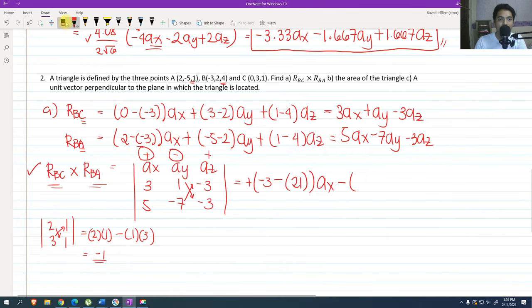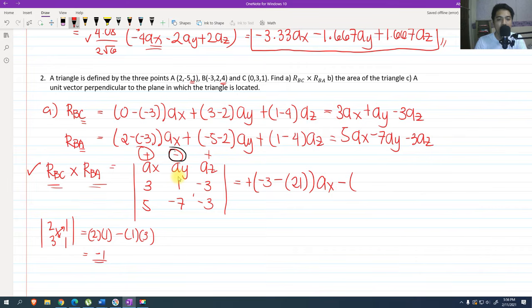Minus, okay, what we are going to do now is as if we are going to cover this A sub y here. So we're going to cover that and get the determinant of this and this. So let me just Ctrl+Z it. As if we are not really seeing this A_y, but we already include the sign here, which is the negative.